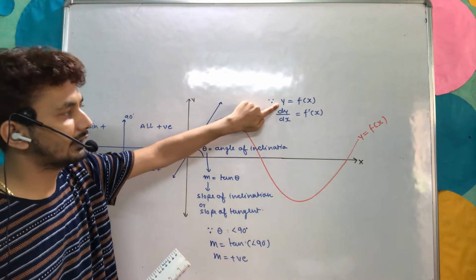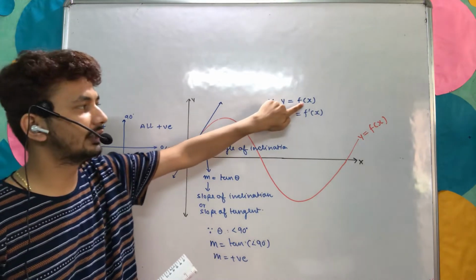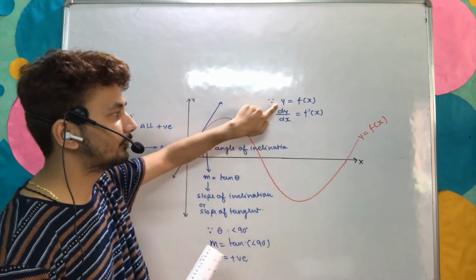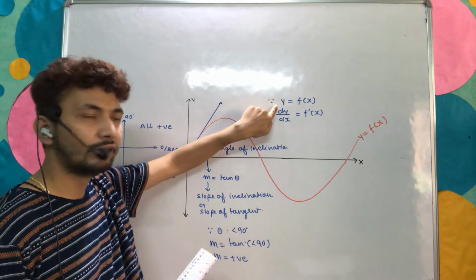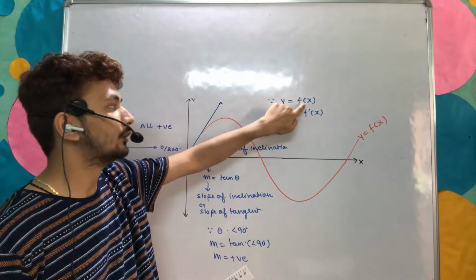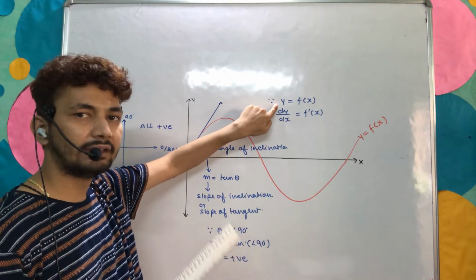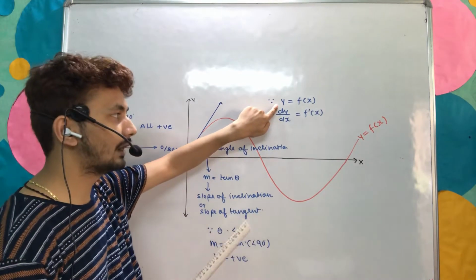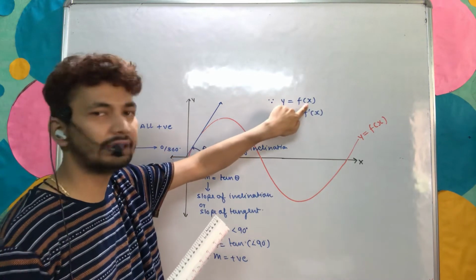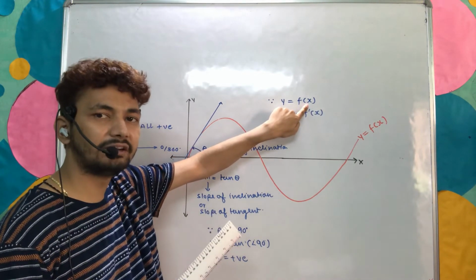Here y is my dependent variable on x, and x is my independent variable. That means if I want to calculate the value of y, I can put different values of x without any restriction, so I get the value of y, and hence we can draw the graph. So y is completely dependent on x, and x is an independent variable.